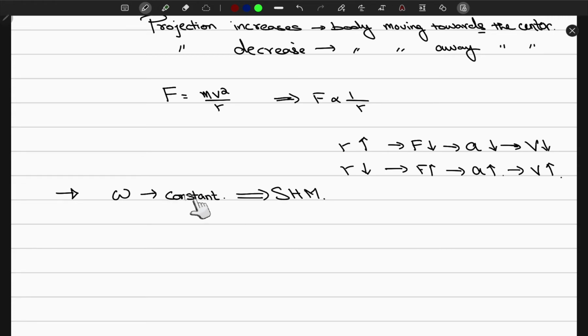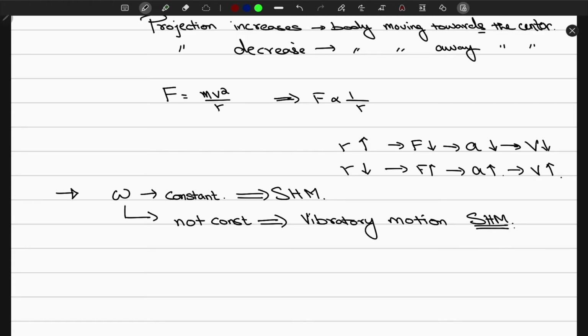If the angular speed was not constant, then we would have a completely vibratory motion, which would not be simple harmonic motion. So I should write it would be a non-SHM motion, right?